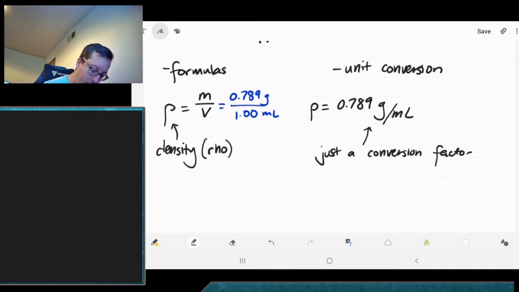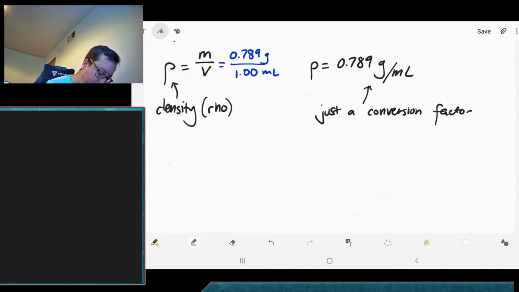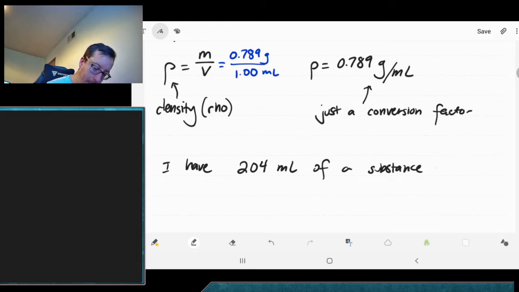So let's say that I have 204 mL of a substance with a density of 2.21 grams per milliliter.